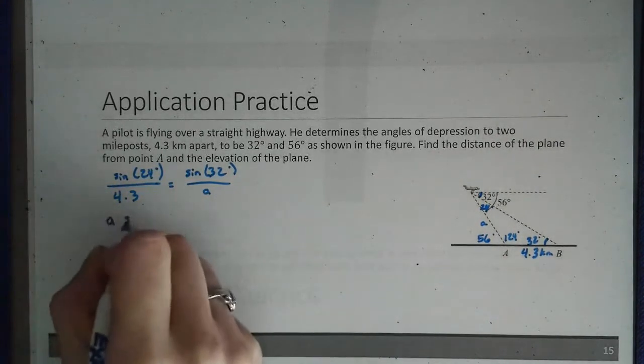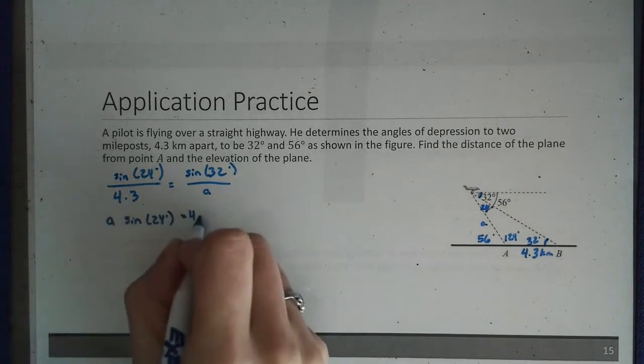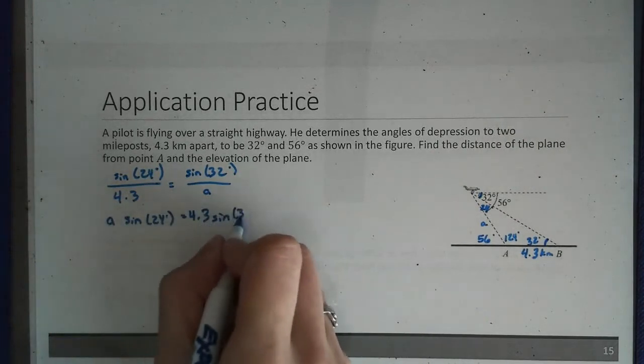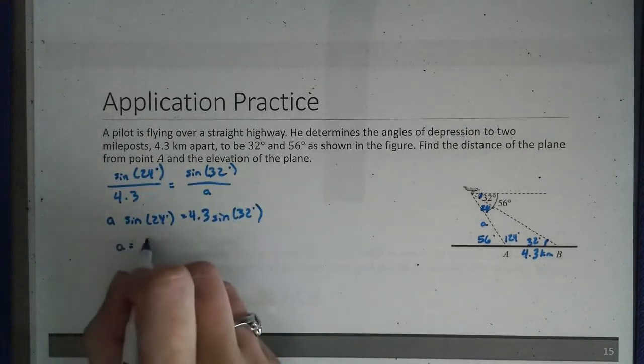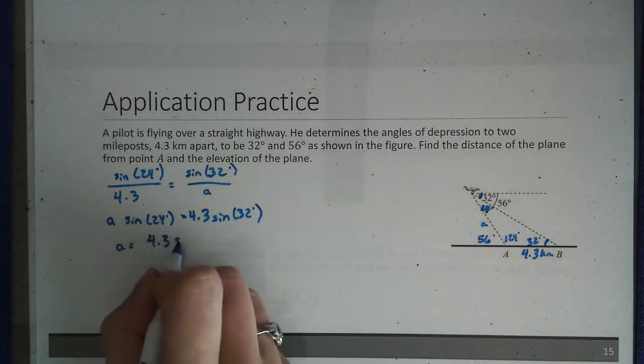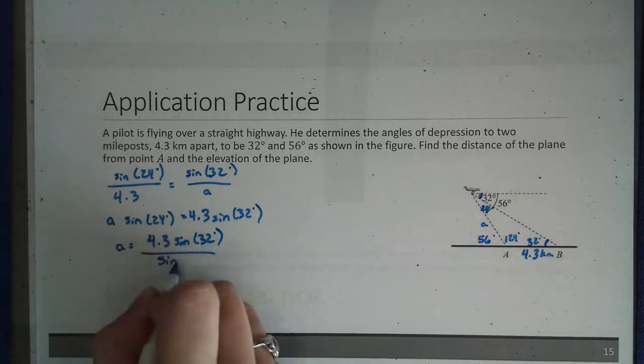Cross multiplying, I get A times the sine of 24 degrees is equal to 4.3 times the sine of 32 degrees. Dividing both sides by the sine of 24, we get A is equal to 4.3 times the sine of 32 all over the sine of 24.